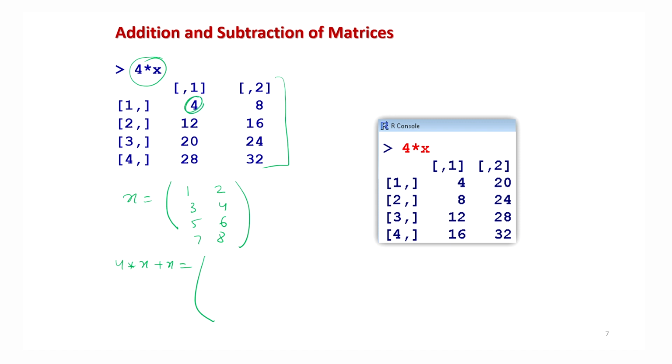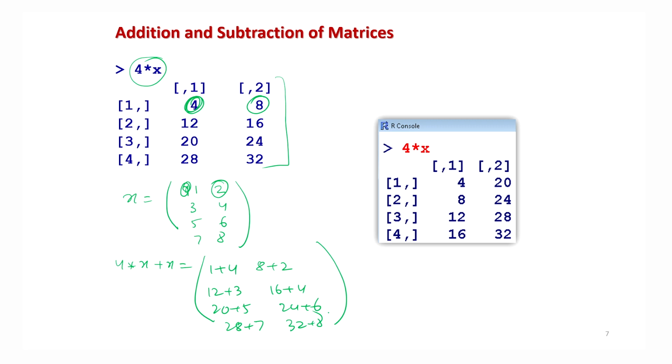Like this 4 will be added with this 1, so 1 plus 4, then 8 and 2 will be added, 8 plus 2, then 12 plus 3, then 16 plus 4, 20 plus 5, 24 plus 6, 28 plus 7, and 32 plus 8.